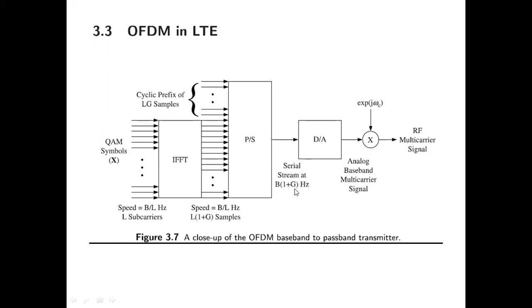Of course, there is an overhead involved. That is why, even though you reduce the speed, the total bandwidth still remains the same B, and the cyclic prefix adds to the additional bandwidth. Then you do the digital to analog conversion, and afterwards you use your suitable carrier and you have a signal.